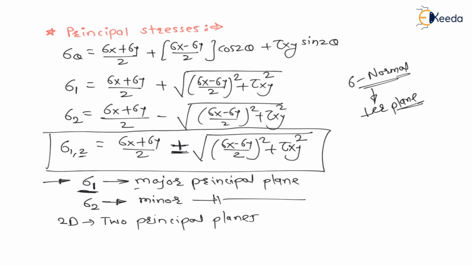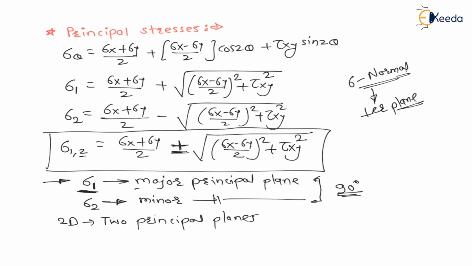Now these two principal planes are separated by an angle of 90 degrees, means the angle between major principal plane and minor principal plane is 90 degrees. This is very important. We will prove this, don't worry about this. In the graphical method, that is in Mohr's circle, we will prove this point.